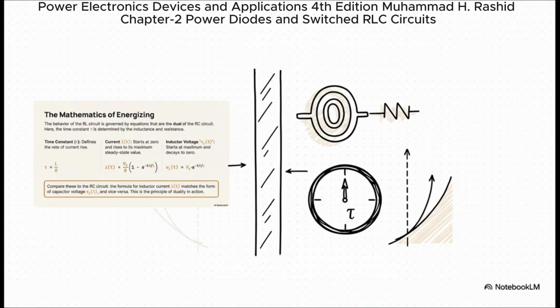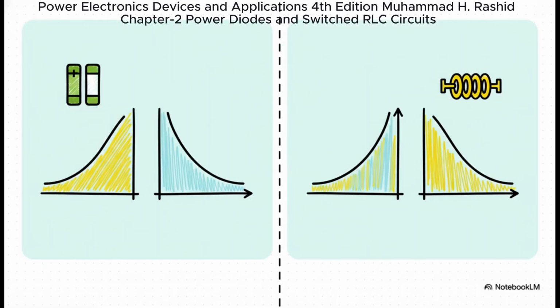But wait a second, do these equations look kind of familiar? They should. They're almost a mirror image of what we saw with the RC circuit. This is a really cool principle in electronics called duality. The formula for the inductor's current is a dead ringer for the capacitor's voltage, and the inductor's voltage formula matches the capacitor's current formula.